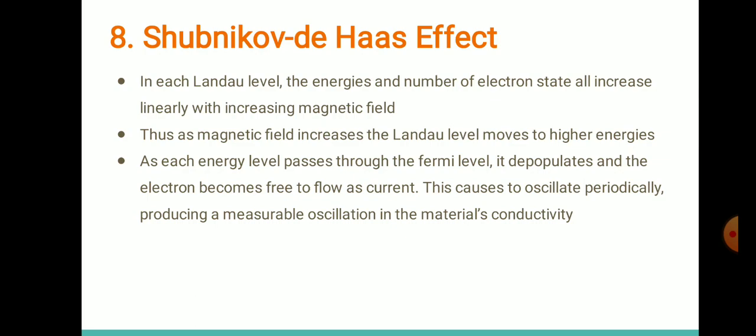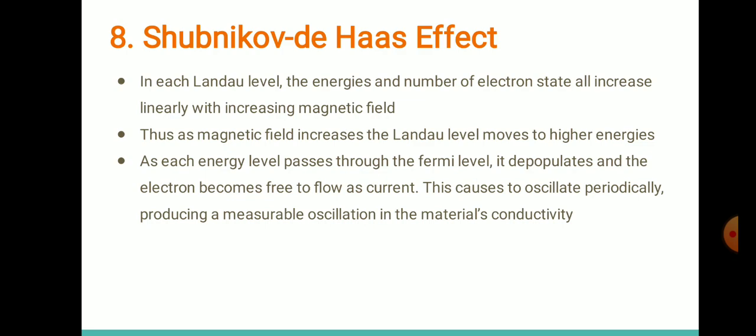And in each Landau level, the energy and the number of electron states can increase only with increasing magnetic field. So as magnetic field increases, the number of electrons and their energy increases in each Landau level. Thus, as magnetic field increases, our Landau levels also move on to higher energy levels.